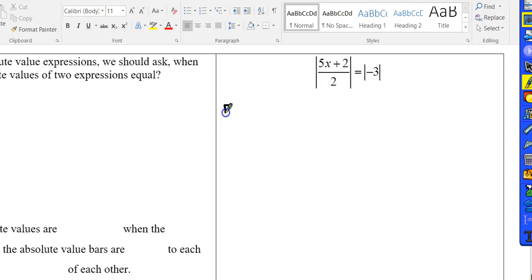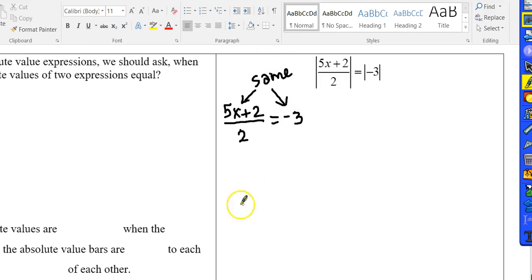So we drop the absolute values and keep everything else the same. I'm going to mark those as both the same. I haven't changed them, and without changing them, when I finish solving, this should be a true statement.